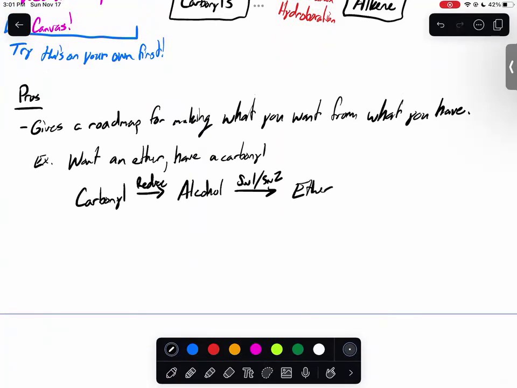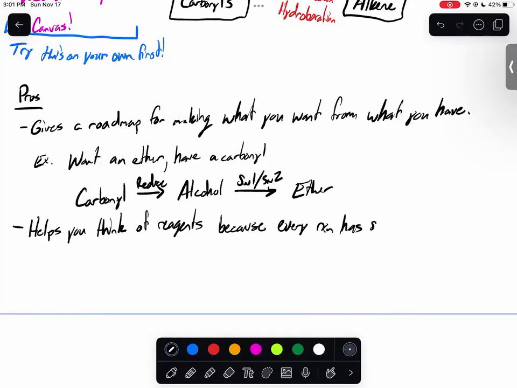The other thing that this does that's good is it helps you think of reagents, because every reaction has specific reagents.